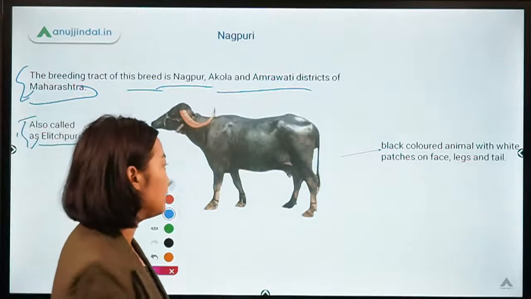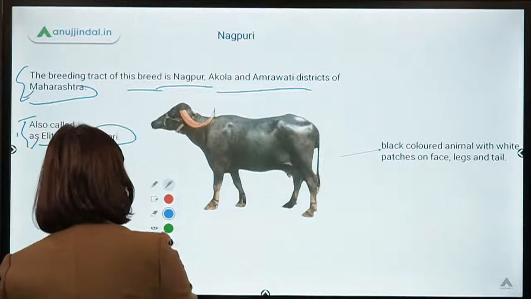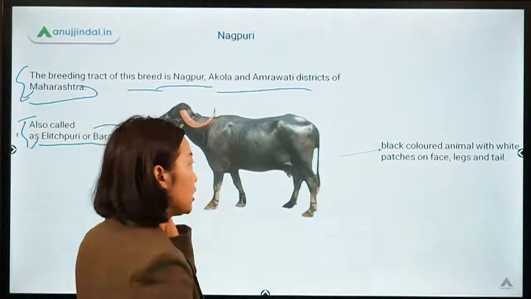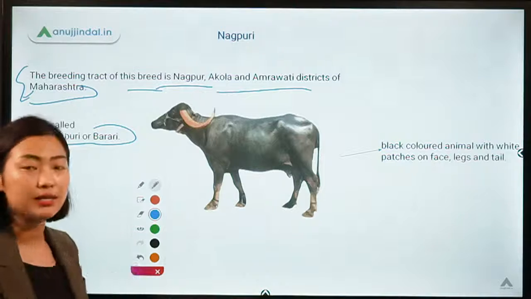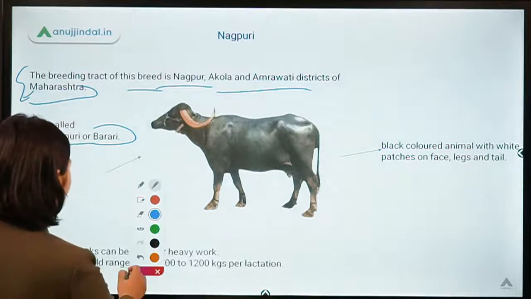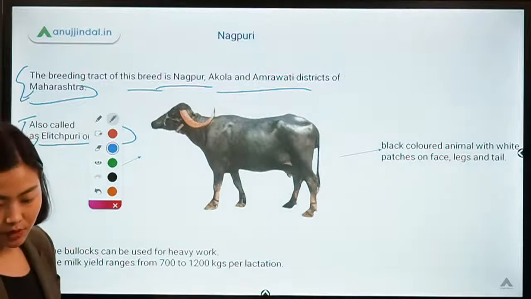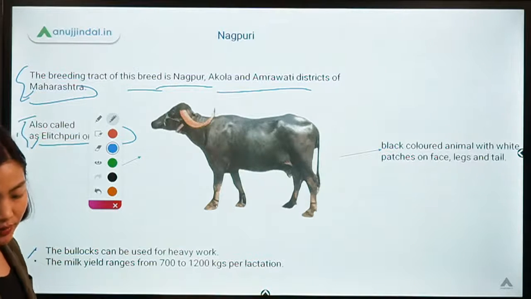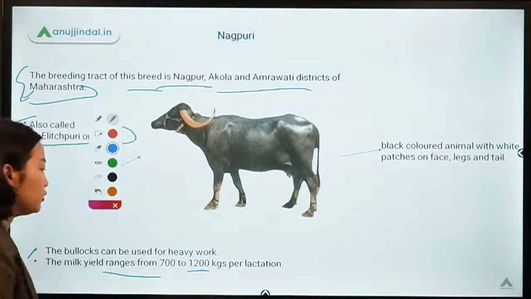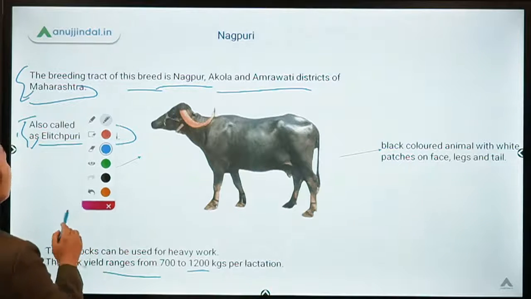These are black-colored animals with white patches on the face, the tail and the legs. They are basically completely black with patches of white found on the face, the legs and the tail. They can be used for very heavy work, and the milk ranges from about 700 to 1,200 kilos per lactation, which is an average yield. So this is something about the Nagpuri.